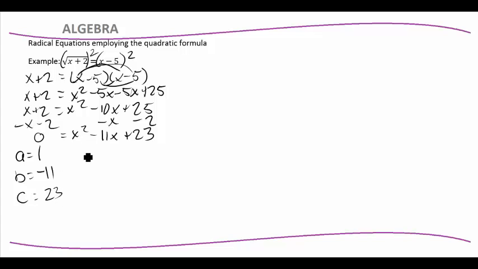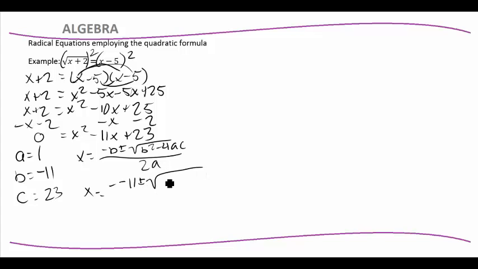Recall our quadratic formula is x equals negative b plus or minus the square root of b squared minus 4ac, all over 2a. And now we're going to plug in our a, b, and c. So we get negative 11 plus or minus the square root of negative 11 squared minus 4 times 1 times 23, and that is all over 2 times 1.